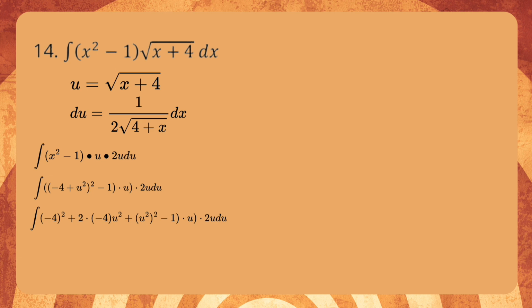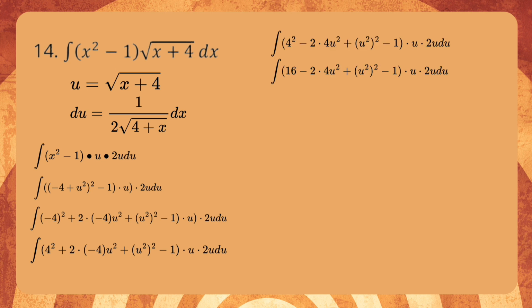And now let's determine the sign of radical expression or exponential expression. So integral of 4 squared plus 2 times negative 4 u squared plus u squared minus 1 times u times 2u du.